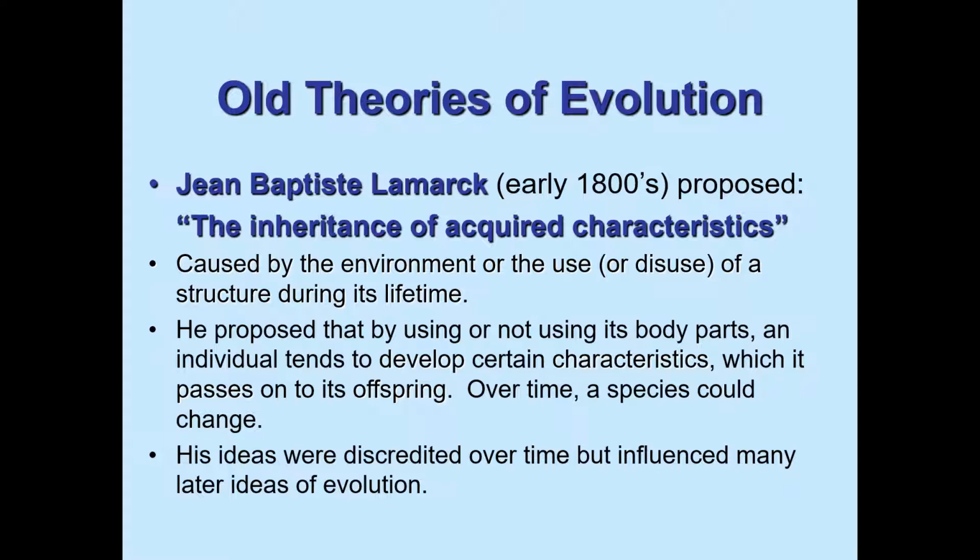And he basically said that if an organism used or didn't use a certain body part, such as its wings, let's say, then it would pass that use or non-use of its body part to its offspring. And over that time, that species would change. Now, his ideas were pretty simple, but he was one of the first scientists to talk about evolution and influenced a lot of later scientists.